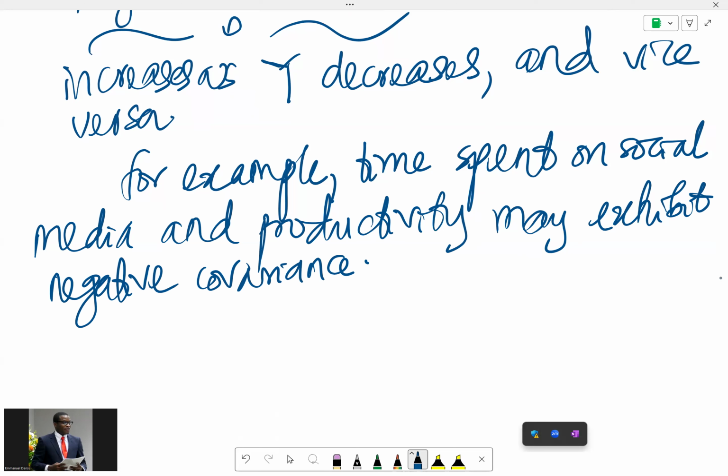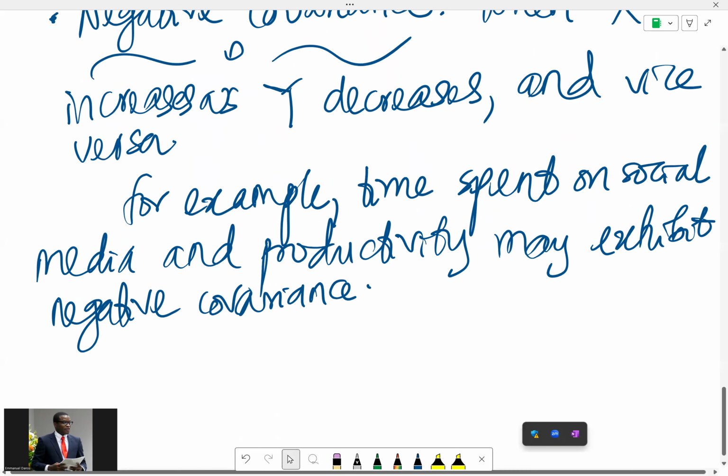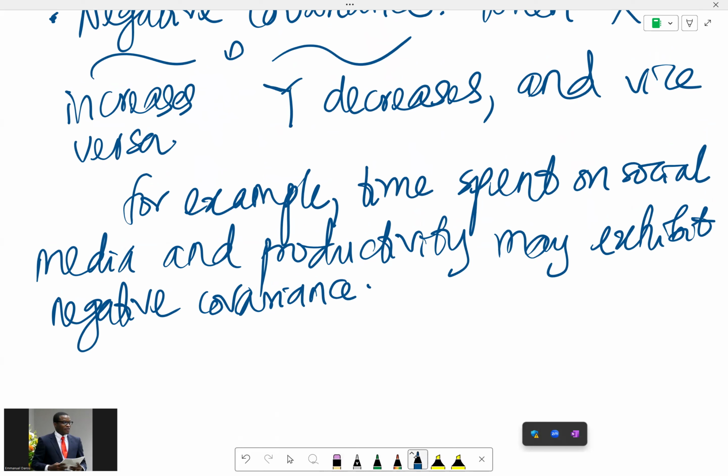But if you don't have any business on social media and you are there for more time than you should be doing your job, then time spent on social media and productivity will exhibit negative covariance, because as the time on social media increases, your productivity would likely reduce, and as it reduces, your productivity will increase. So it's important to know why exactly you're on social media.